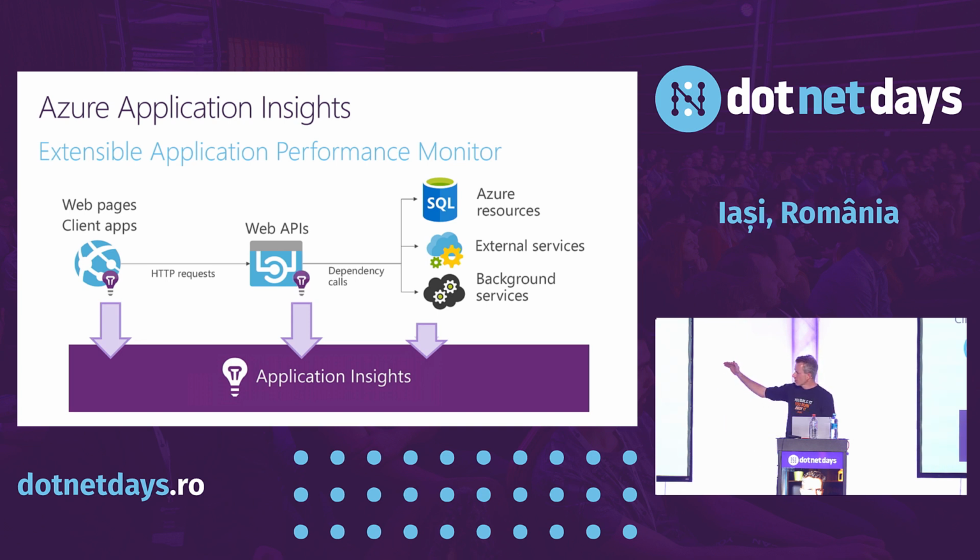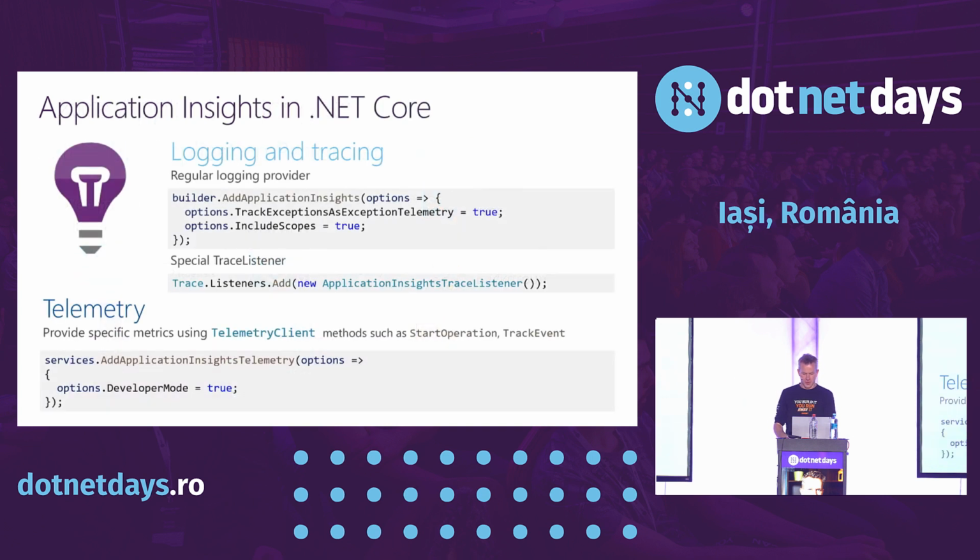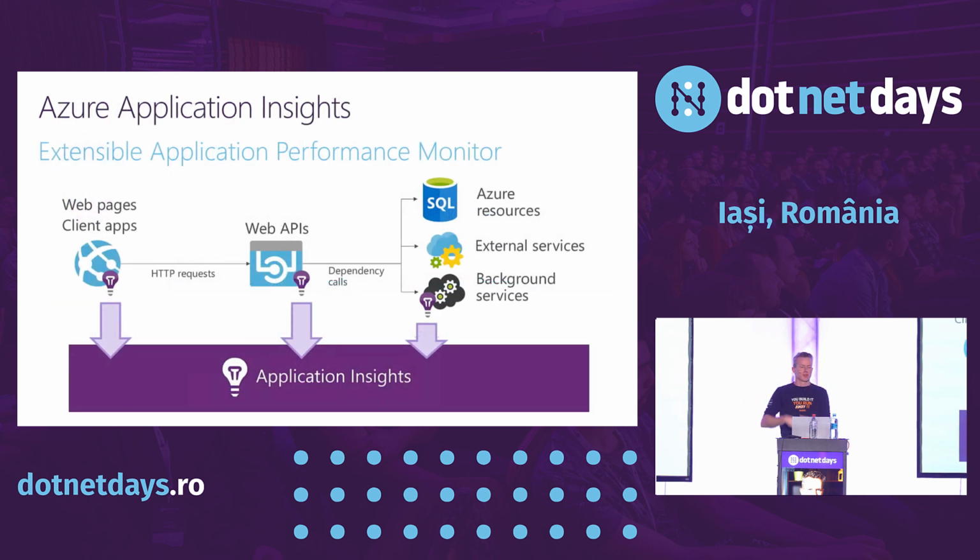In your web API you can have the same, and it can follow the HTTP requests. And in your background services that are all .NET Core, you will also get extra information. And it was all collected into Application Insights and gives you really rich telemetry and information on your application and how it's doing.